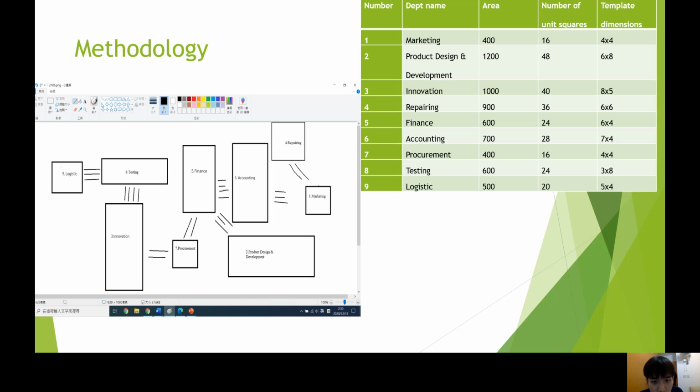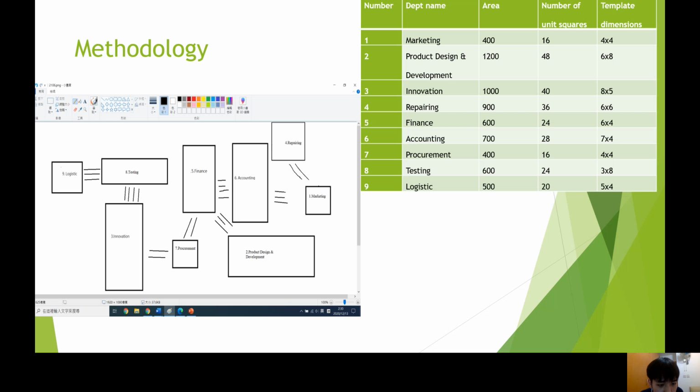For example, product design is the main campaign, and Tesla will most likely put investment in this. So we eventually come up with the department layout, and we can see that there is some connection.